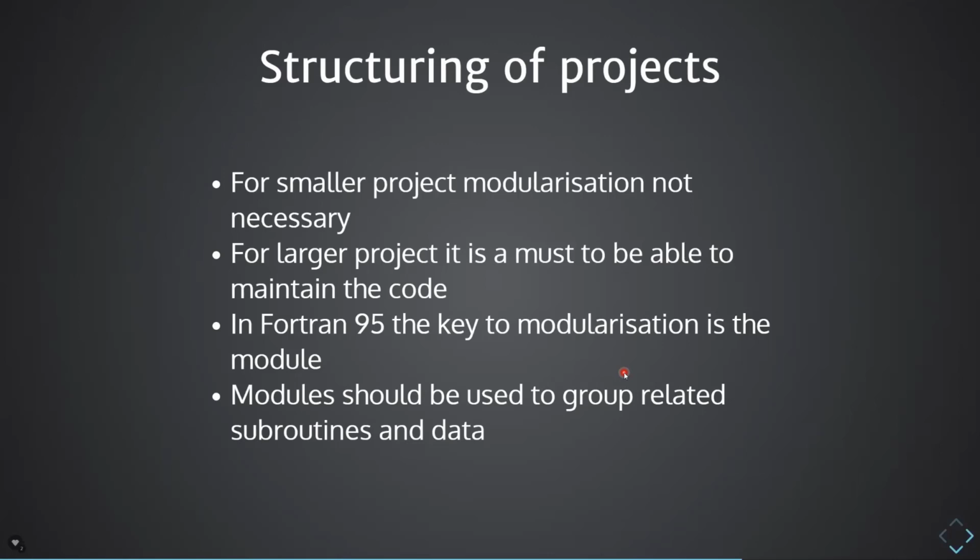To maintain code, you need to divide your code up into maintainable parts. The key here is using modules. Before you start coding or reorganize your code, use pen and paper to lay out the blocks and functionality of your code, and then organize your subroutines and data structures in logical modules.